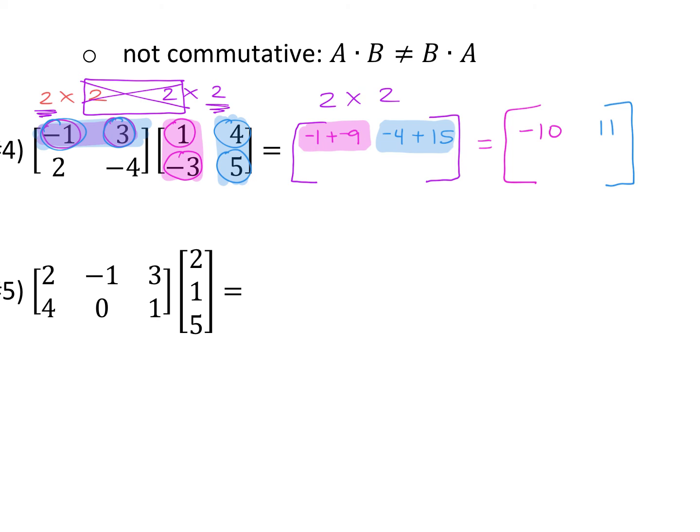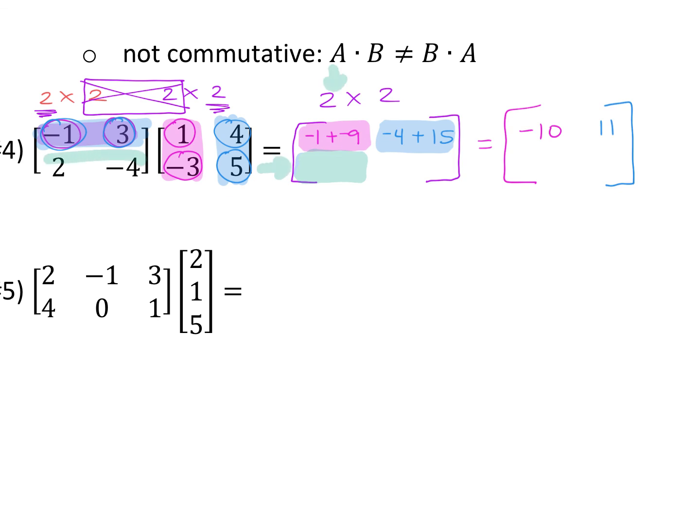Is that making sense so far? So if I want this, which row in our first matrix are you using? Top or bottom row? Bottom row. And which column in the second matrix? First column, right? So this is second row, first column.